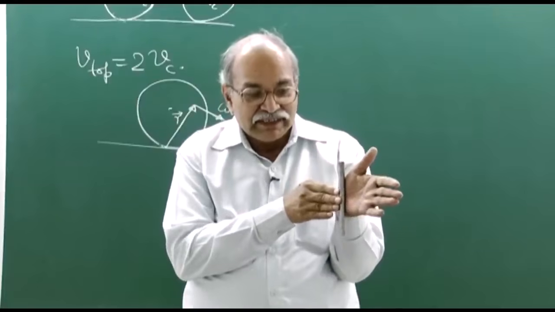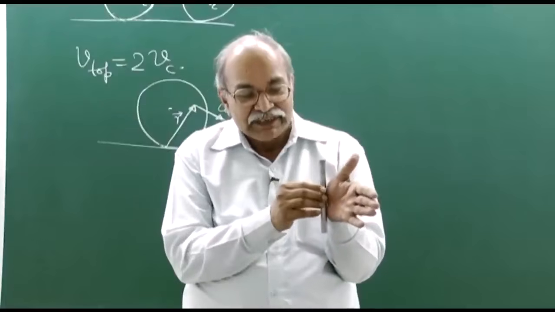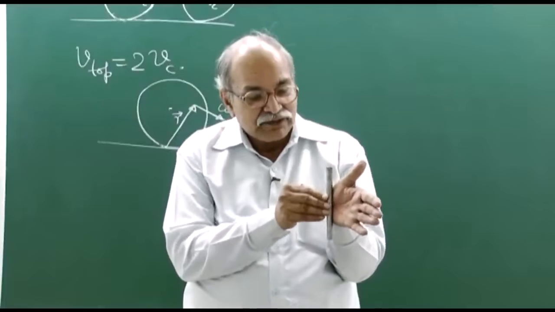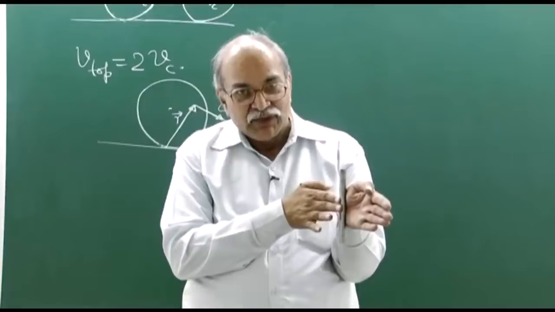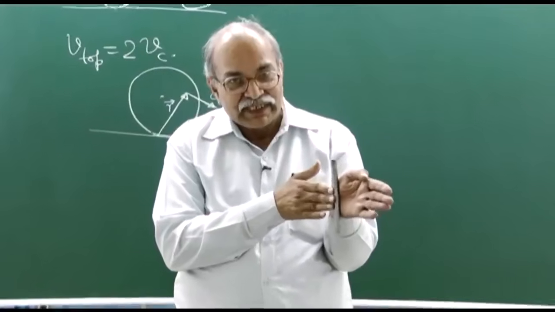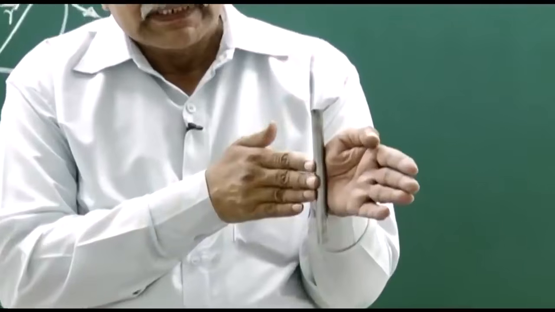And I will roll this tube on my left hand and also on the right hand. So, look at the motion of the tube and the motion of my fingers which are in contact with the top surface.